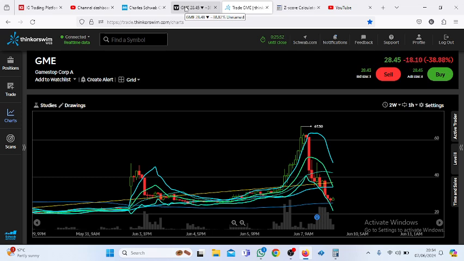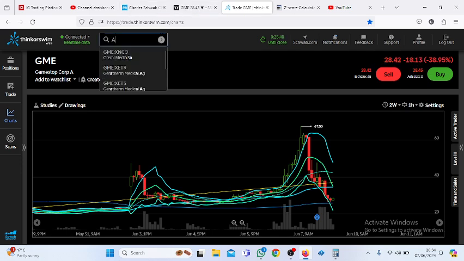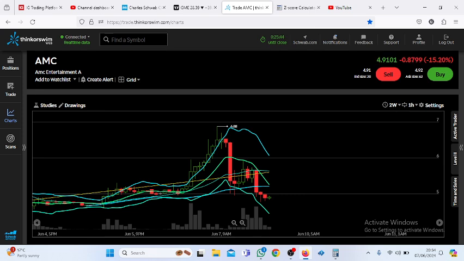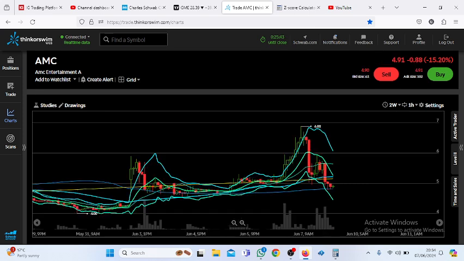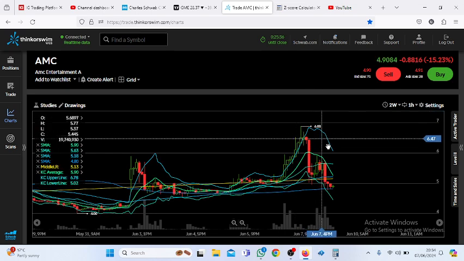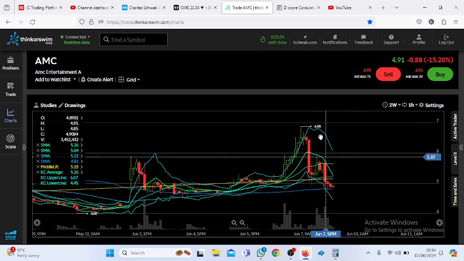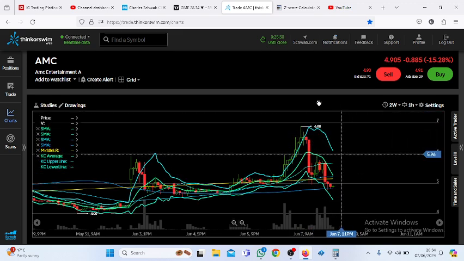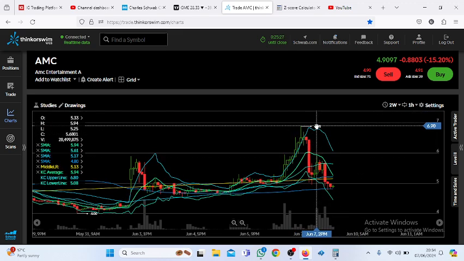Okay, so GameStop is down 38.91%. What of AMC? Let's see AMC. AMC is down 15.2%. This is its hourly chart. It equally printed a bubble like GameStop, and it's trying to contract.